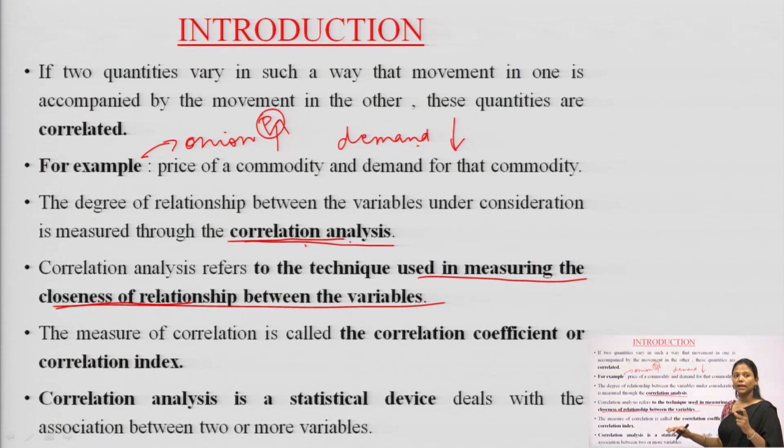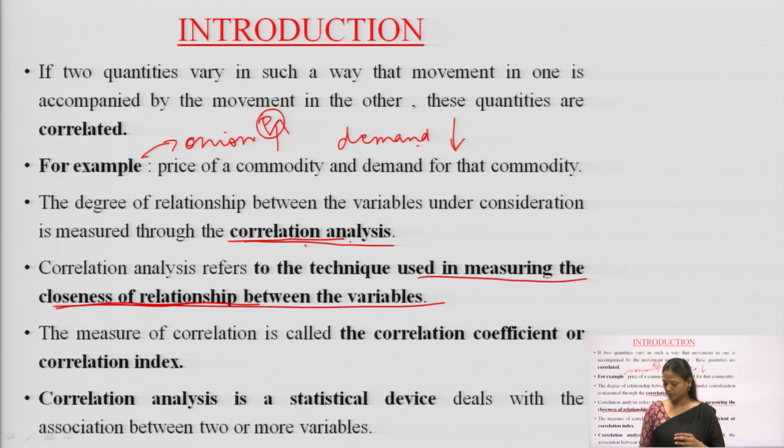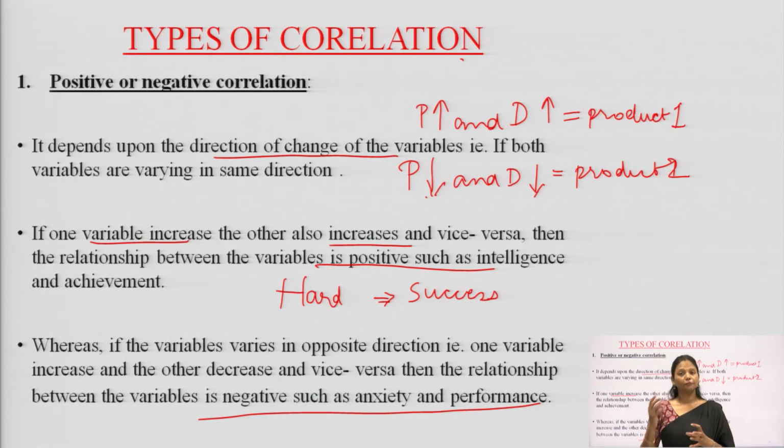This correlation analysis shows the closeness of the relationship between the two variables. The measure of correlation is called the correlation coefficient, and correlation analysis is nothing but a statistical device which tells what the degree of association between the two variables is. There are different kinds of correlation.